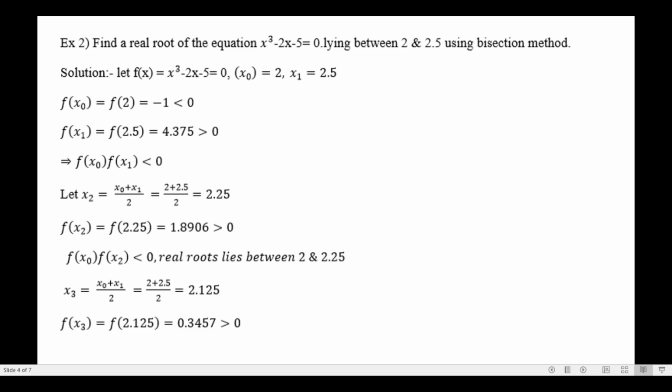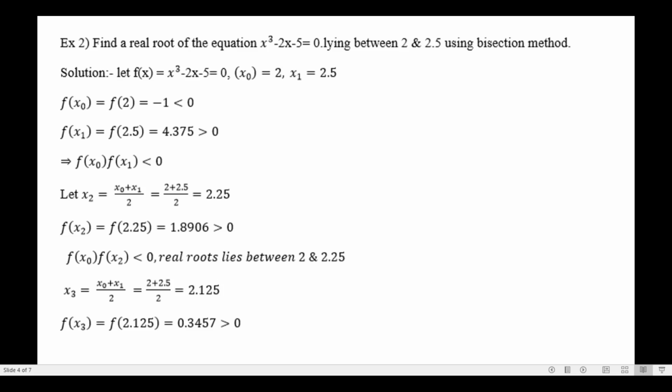First, the given equation, we take f of x, a polynomial in x, that is x cube minus 2x minus 5 equals 0, and initial values we take x naught is 2, and 2.5 we can take as x1. First we measure f of x naught, the functional value at x naught, that is f of 2.